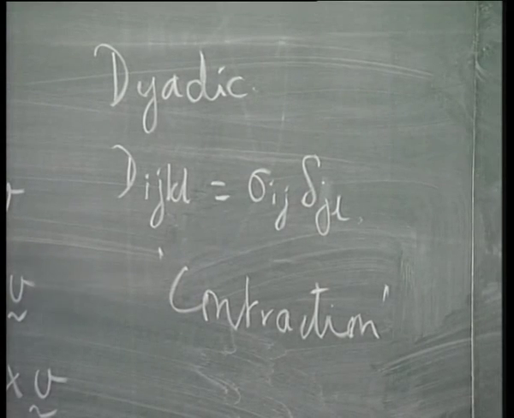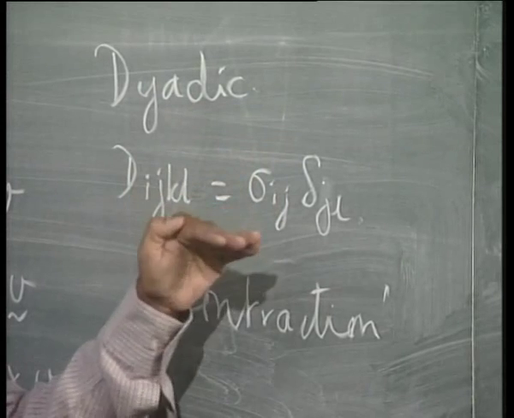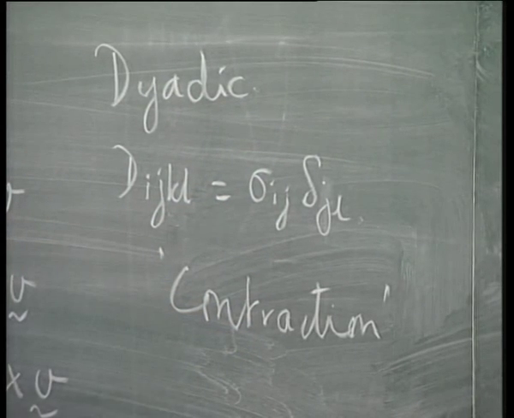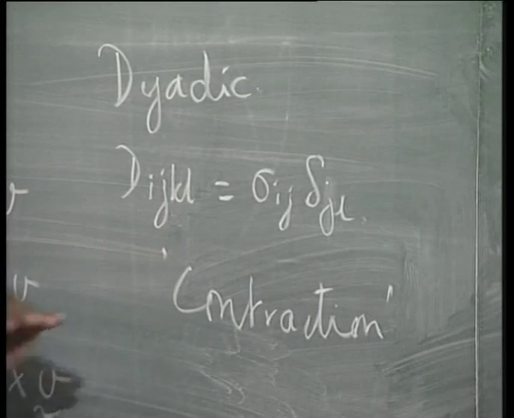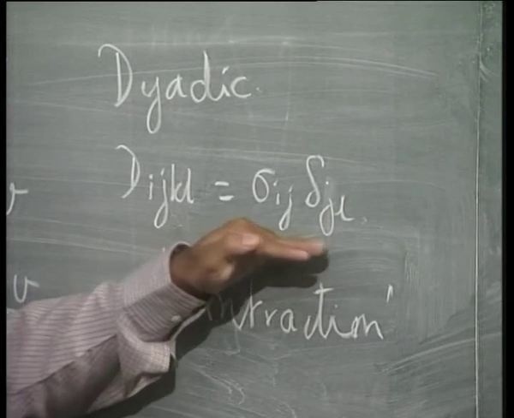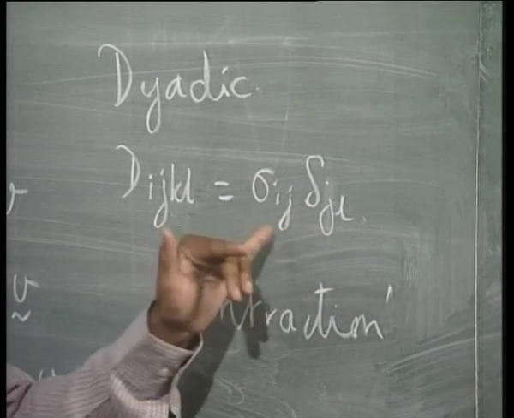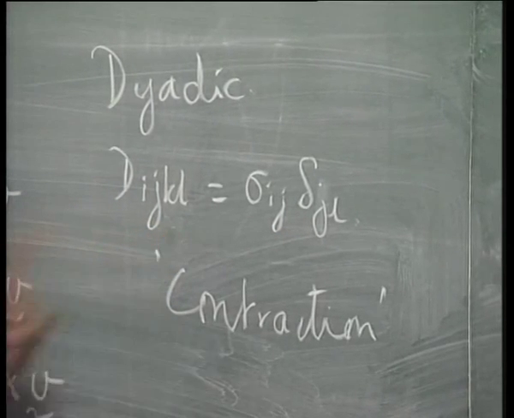Let us not go into the details because you can very systematically define what is called transpose and so on. Let us not worry about that right now, so that we don't deviate too much from what we are doing. But nevertheless, since this question was asked, you can see that I can now define a contraction operation on a fourth order tensor. What did I do?